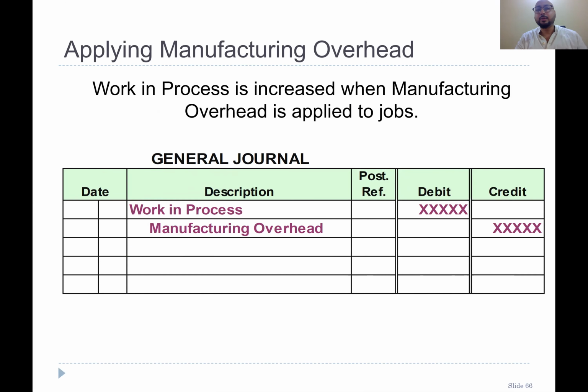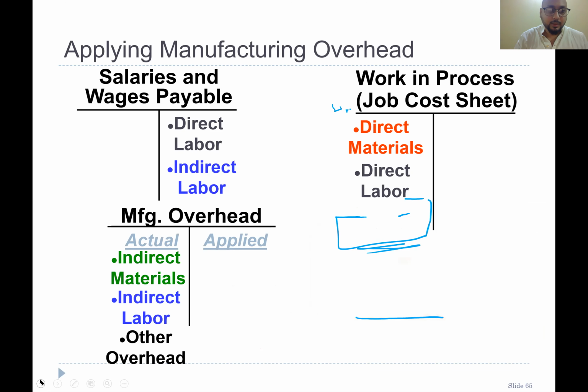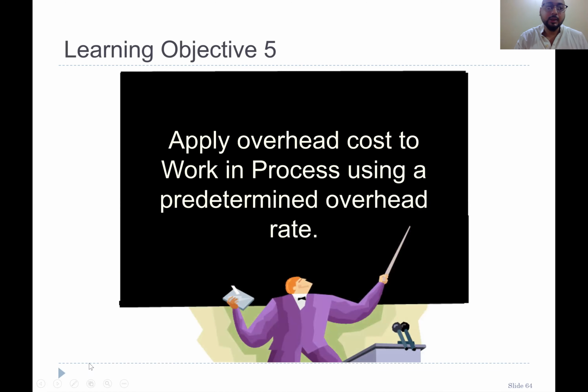So let's just talk about this. Applying manufacturing overhead. Okay, manufacturing overhead is to be applied. Now, applying the overhead cost to work in progress using the predetermined overhead rate.